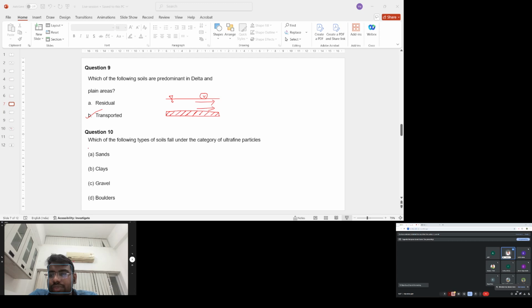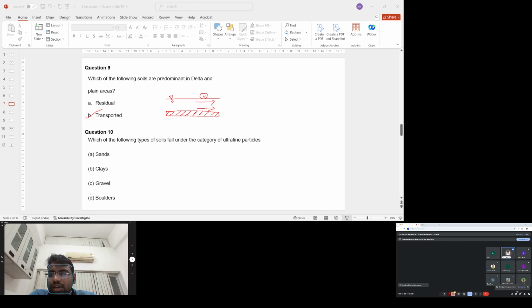Clay is essentially less than 2 microns. Gravel is between 4.75 and 80 mm. So it is purely based on sizes.